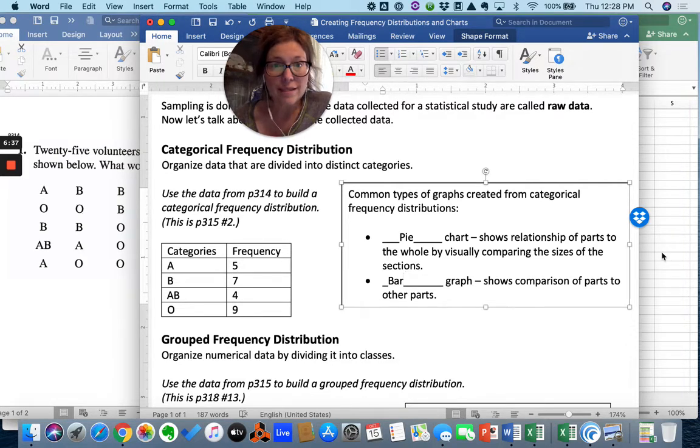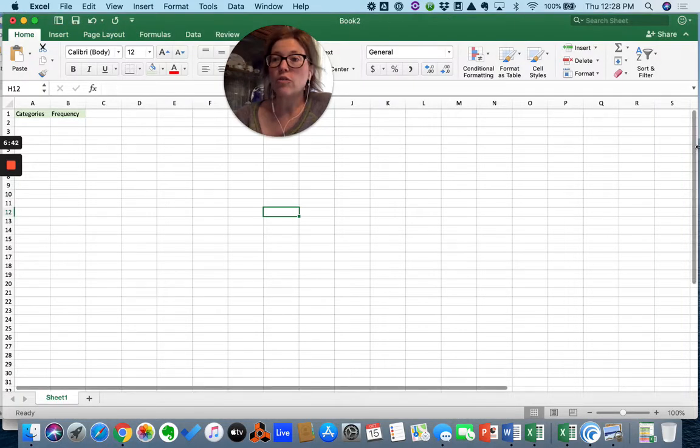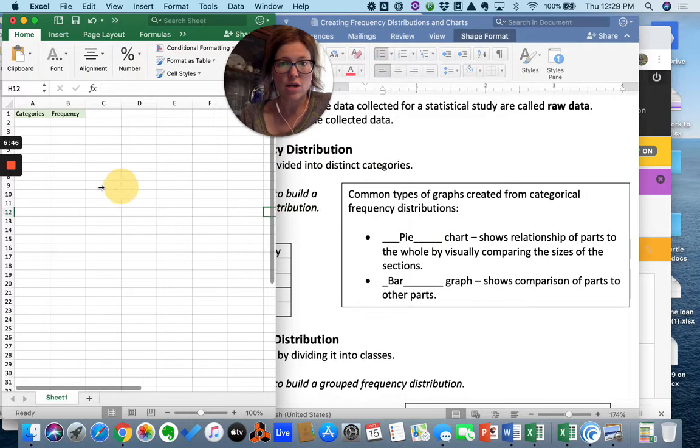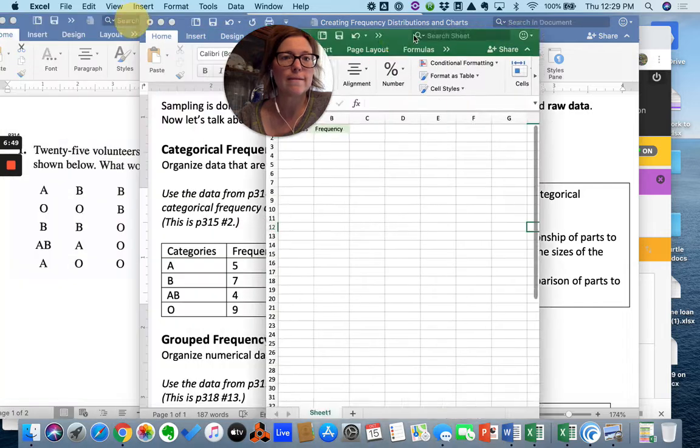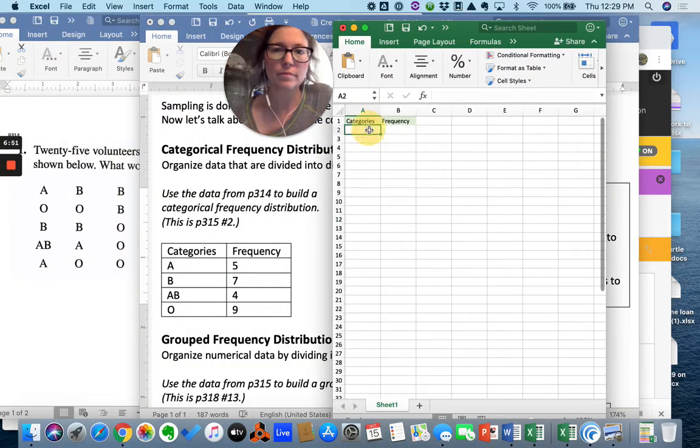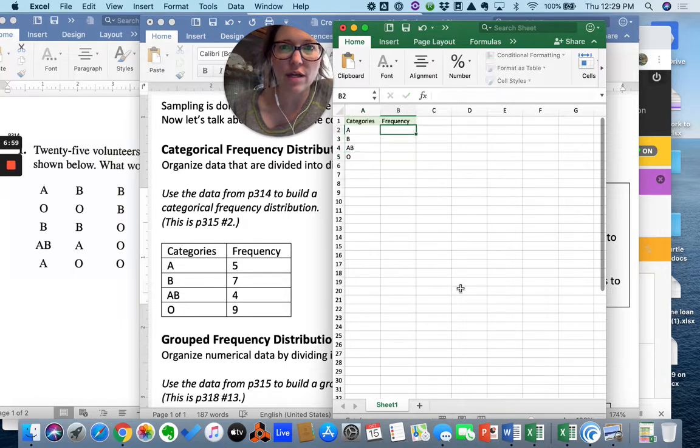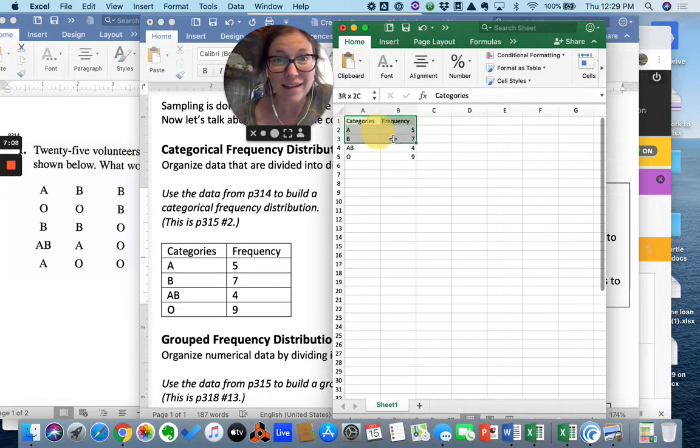If you are doing it on a spreadsheet, we can create a frequency distribution on a spreadsheet. A, B, A, B, O. And let's put in those frequencies. I'm going to select the data that I want.